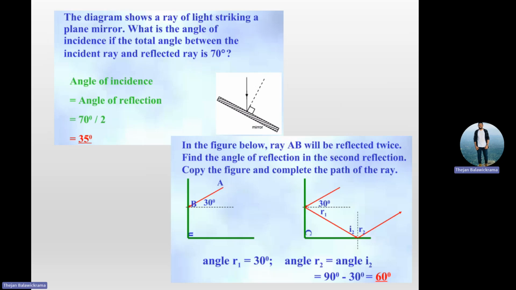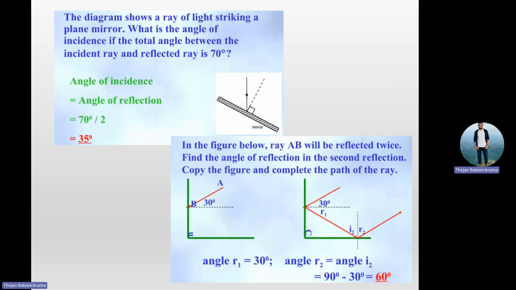Because it goes from reflection to one to another, I and R change: I1, R1, I2, R2. Draw it and see. AB will be reflected twice. It is incident at 30 degrees, so it goes to the other side at 30 degrees and strikes the other surface.